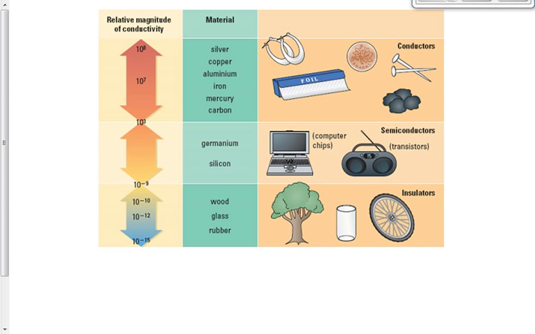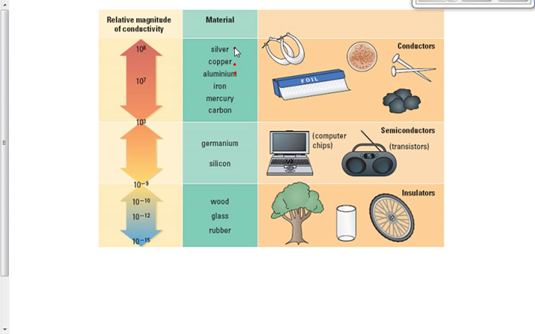This table that you see up on the board here now, you don't need a copy. It's not anything that you need to remember per se. Just want to illustrate for you varying degrees of conductivity. In other words, what's a good conductor, what's a bad conductor, what's a good insulator. You can see up here that silver, copper, aluminum tend to be the best conductors.